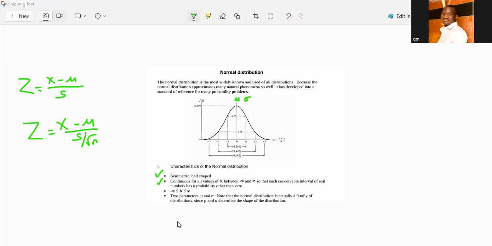Okay, so we have what we call the Z tables. They're used in calculating our normal probabilities. If you're asked to calculate a Z reading of 2.57, for instance, I'll give you a table.